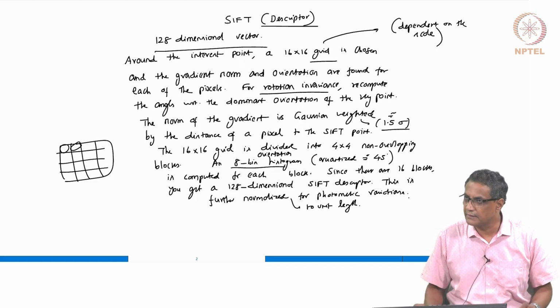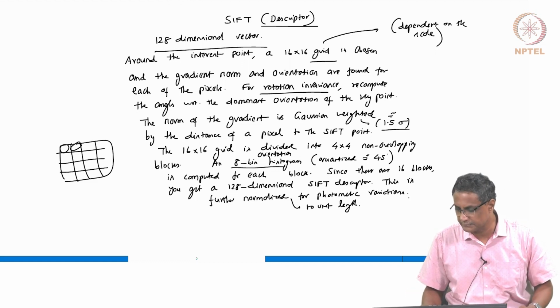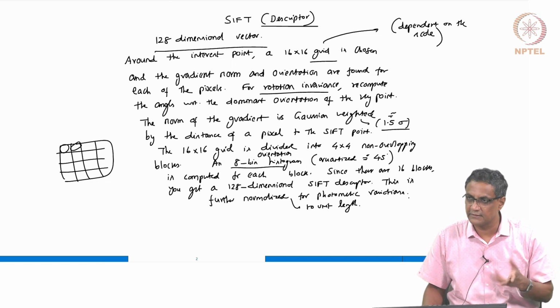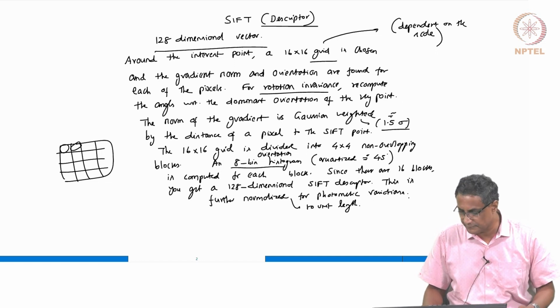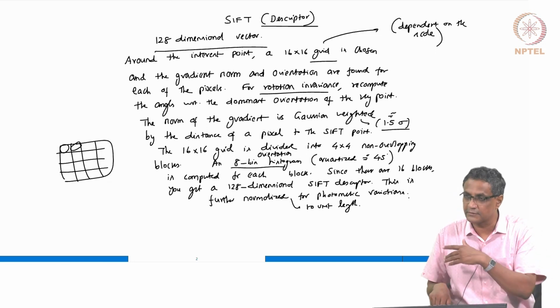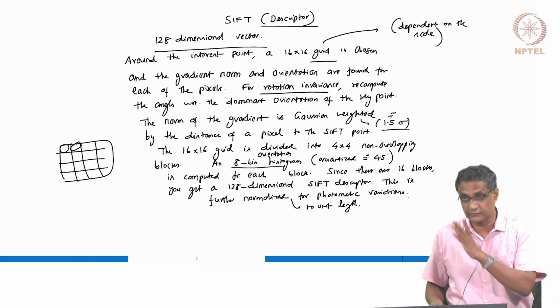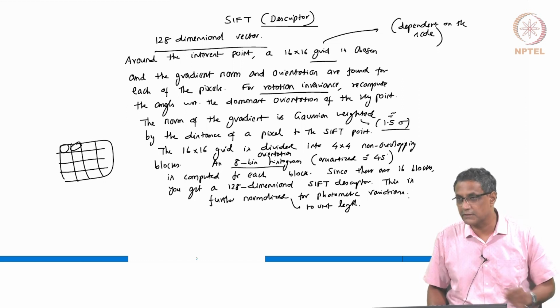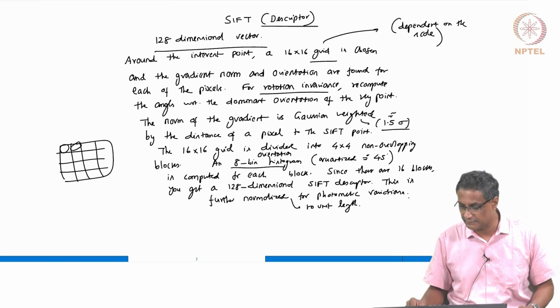So any addition you can handle, no problem. But if there is a contrast increase, let's say a multiplication by A, the gradient will also get scaled by that factor. If you simply normalize it out, then it shouldn't matter when you match.